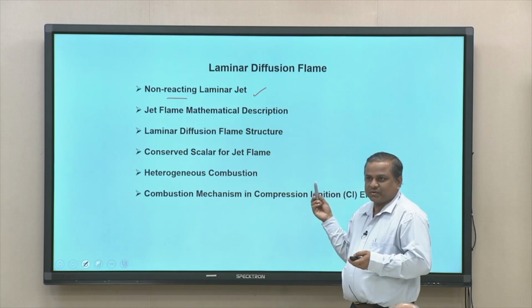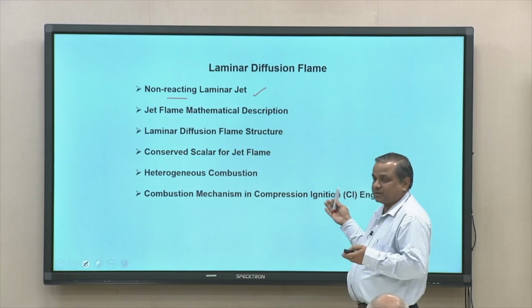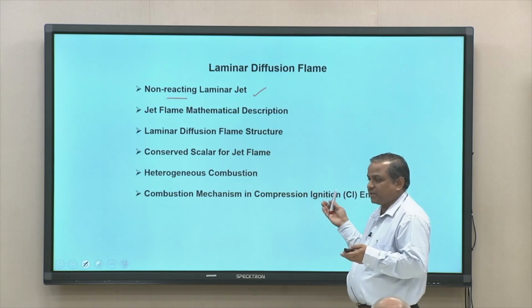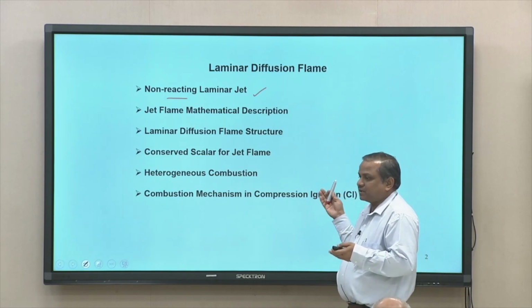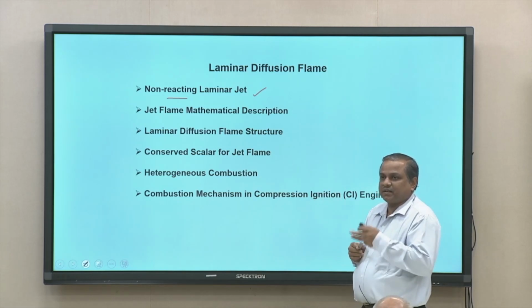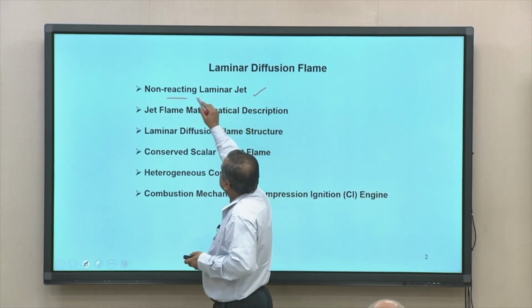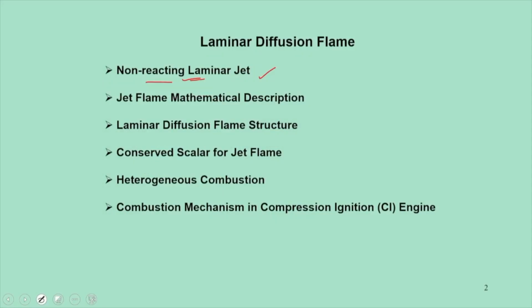We don't have the luxury of analytical equations when combustion has happened, and using the combustion products we cannot frame the analytical equation. That's the reason we make these assumptions of a non-reacting laminar jet.